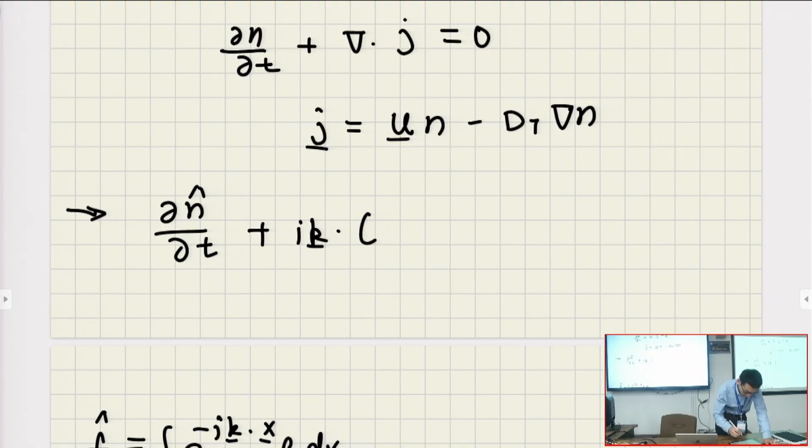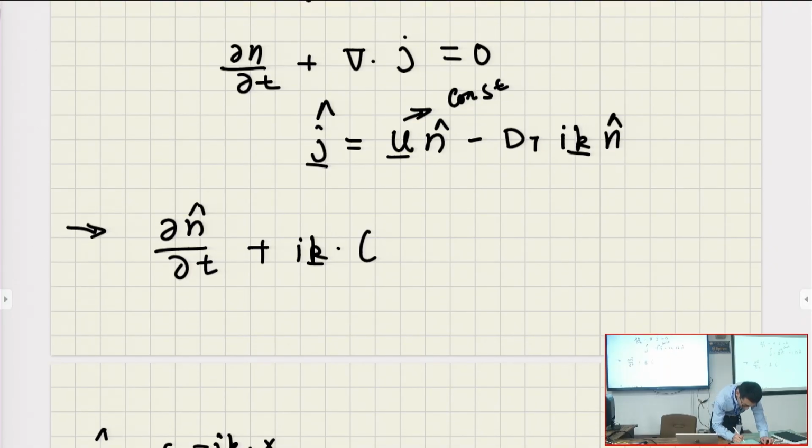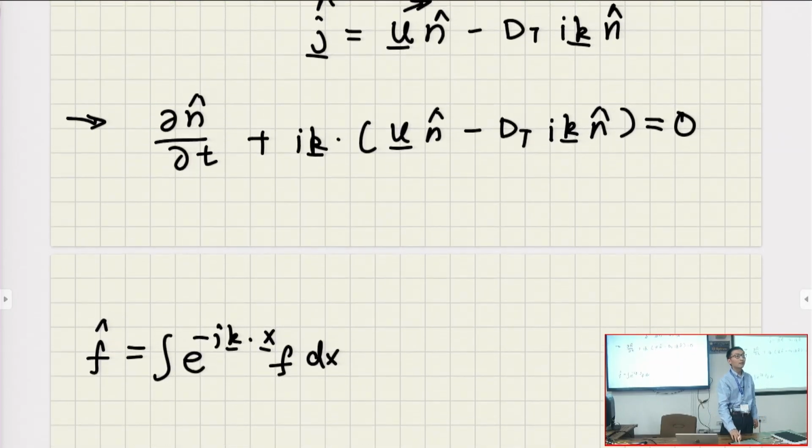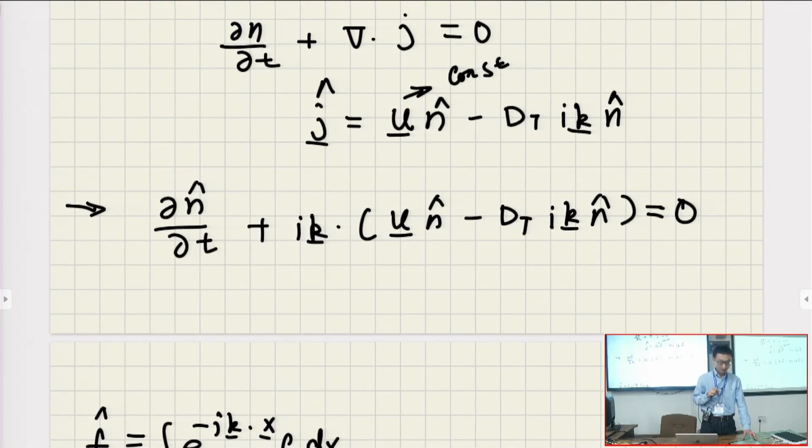That's how we do Fourier transforms. If we do that, let's assume u is a constant. Then it's just the Fourier transform of n, and here I also have a gradient, which again becomes ik, times n hat. I'm now going to put that into the bracket here. Okay, any questions about this part? Great.